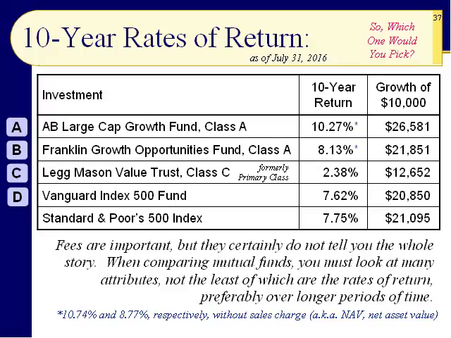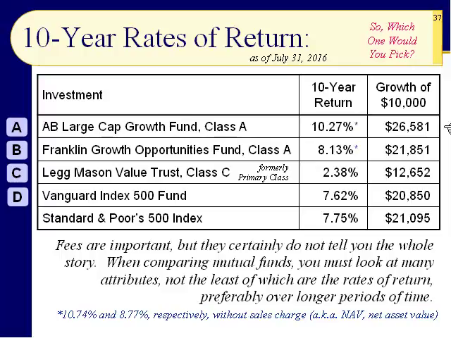It turns out that the AB Large Cap Growth Fund, even with a dumb name like AB, has done pretty darn well for its investors. 10.27% after paying the maximum sales charge. They actually did 10.74% if you had put in over $1 million and gotten the net asset value. So that's $26,581. Pretty darn good, folks.